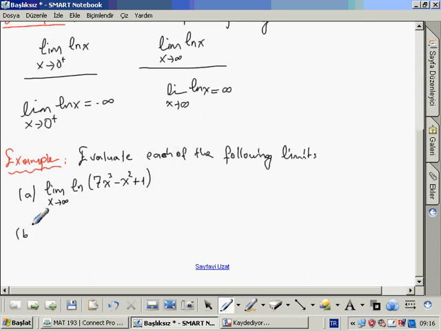And part B: the limit as x approaches minus infinity of ln of 1 over x squared minus 5x.